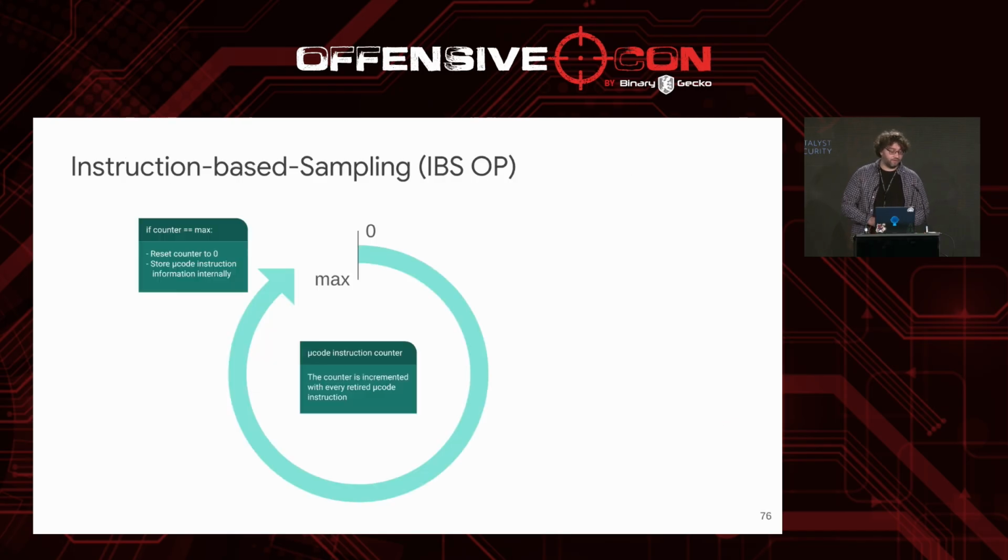How this feature works: it's based around an instruction counter of executed microcode instructions and a configurable maximum. When this maximum is reached, the counter is reset to 0, and some information about the previously executed microcode instruction is put into an internal buffer, where it can later be retrieved by the user.